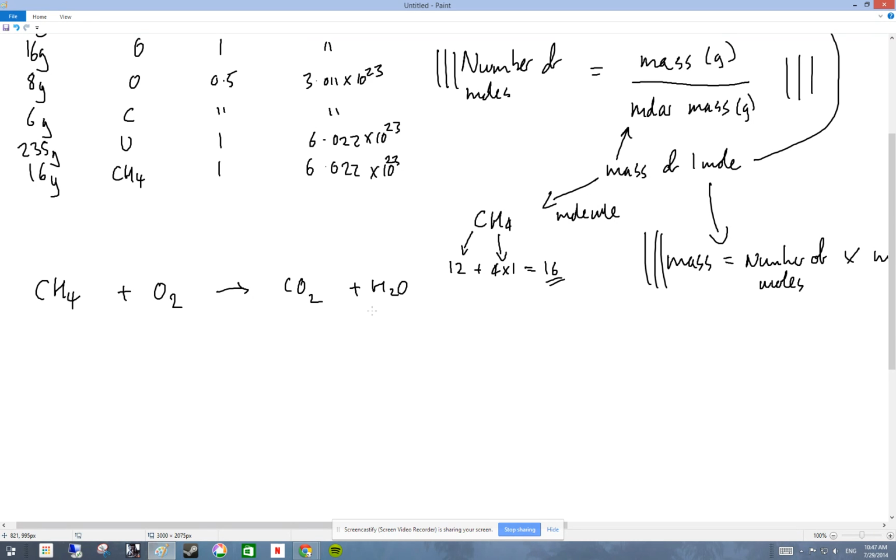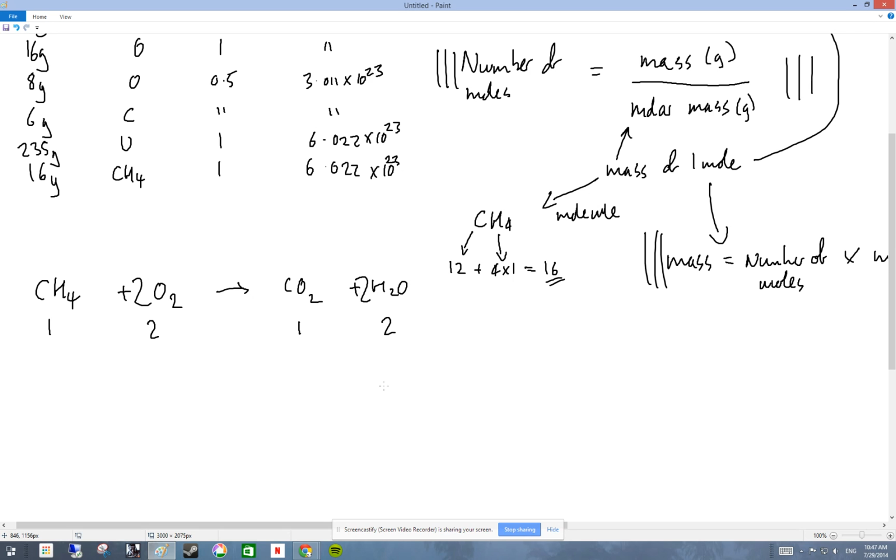So we've got 4 hydrogens here, so we're going to need 2 waters there, and because we've got 4 oxygens over here, we're going to need 2 oxygens over there. The reason that's really important is because it literally tells me one methane molecule would react with 2 oxygen molecules to make 1 carbon dioxide molecule and 2 water molecules.